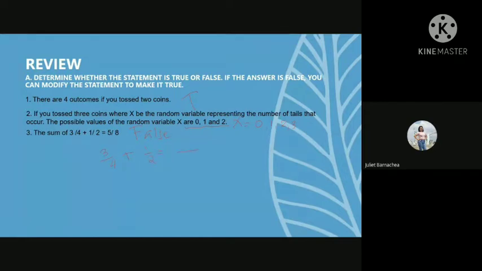The LCD is 4. Right? 4 divided by 4 is 1, times 3 is 3.